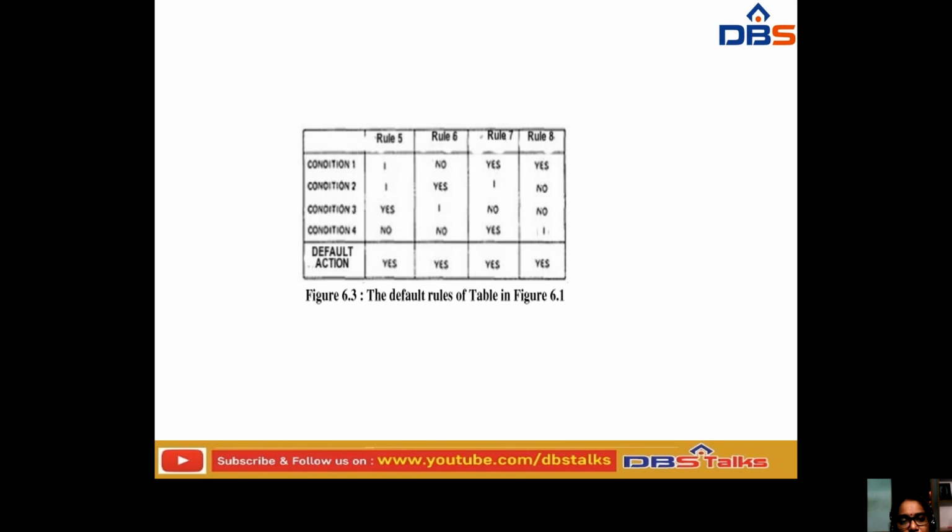This is the default rules of the table. This is the condition and this is the default action. It is immaterial, as we have already said. For rule 5, rule 6, rule 7, rule 8, in all these rules, the default action is yes.